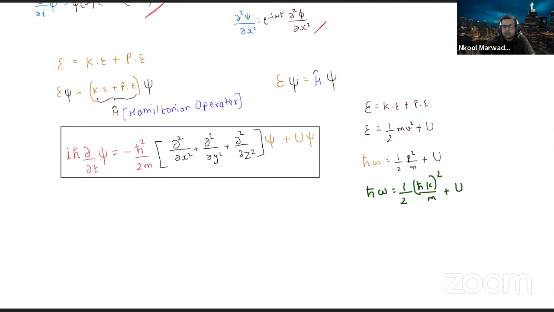The one very important formula is E is equal to h bar omega, and p is equal to h bar k. These are the basic formulas which we had decided. We got this equation.